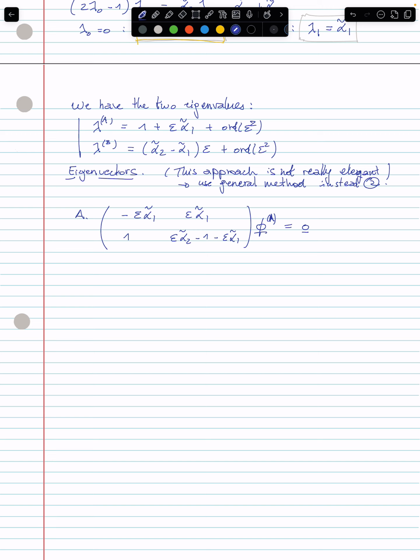So if I decide here to use the second line, and if I use a unit component as the second entry in the eigenvector, so if I just choose phi A in the form something times 1, I see that this something actually is nothing but the opposite of this number. All right, so that's 1 minus epsilon alpha 2 minus alpha 1.